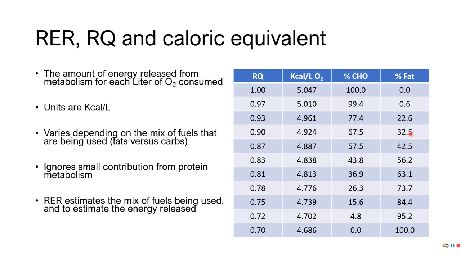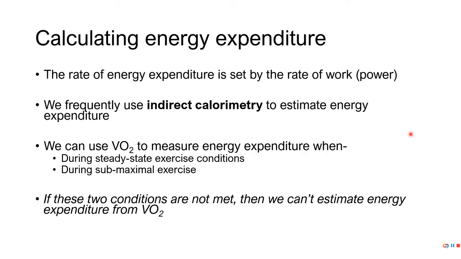Okay, so when it comes to calculating this, the rate of energy production or energy utilization is determined by the work that you are doing. And so we use that indirect calorimetry, so VO2, VCO2, RER, to estimate this. And we can use this, but only if a couple of conditions are met.